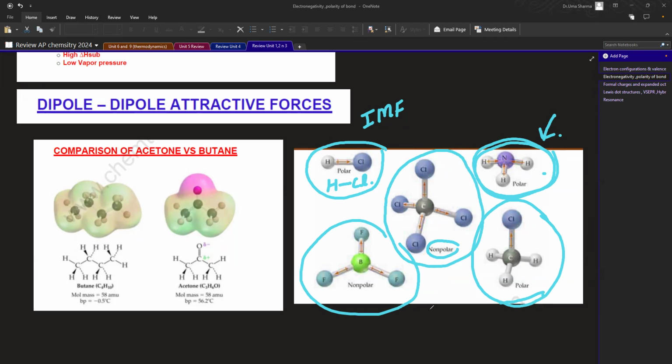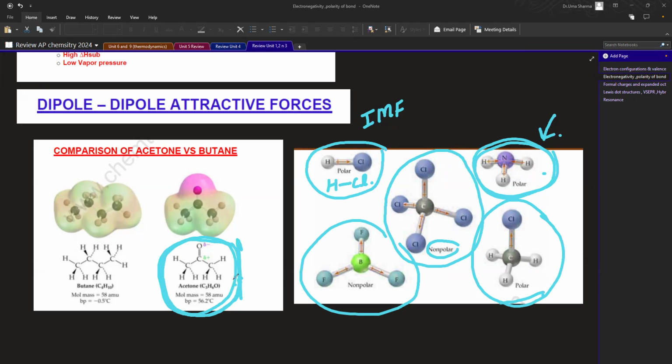Good. Okay. What kind of attractive force is there in this molecule? You can see the molecule, an organic molecule. Identify the attractive force here. Do we have hydrogen bonding in this molecule? No, there is no hydrogen bonding.